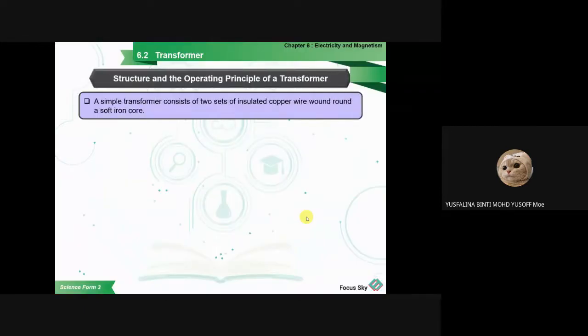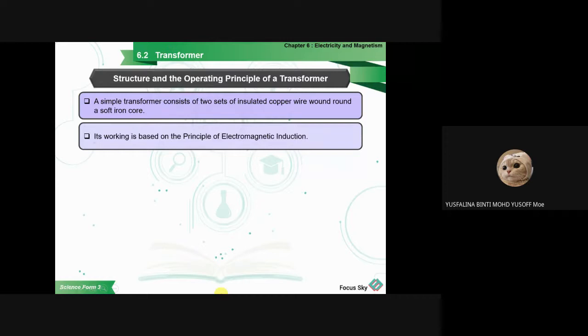The structure and the operating principle of the transformer. How does the transformer look? A simple transformer consists of two sets of insulated copper wire wound around a soft iron core, and it works based on the principle of electromagnetic induction.